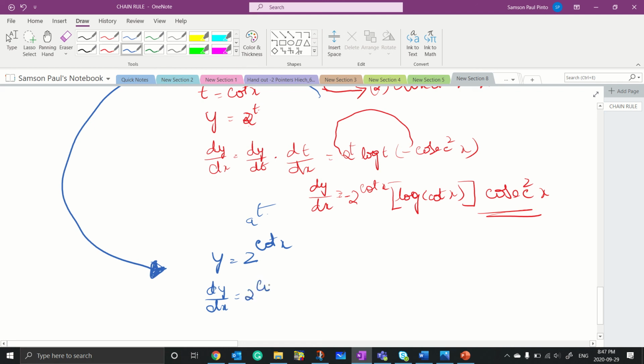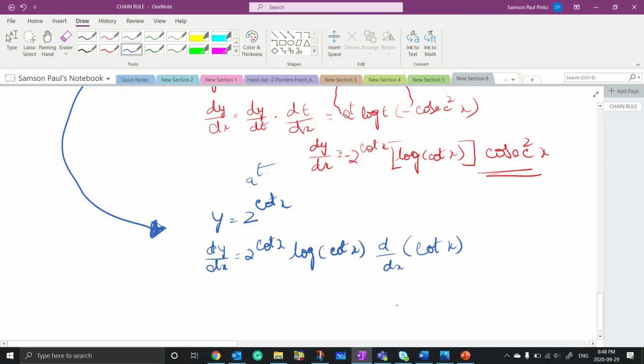You get 2 power cot x into log 2, because that is the formula for a power x log a, and d by dx of cot x. It's a direct method, you can solve it in one line.